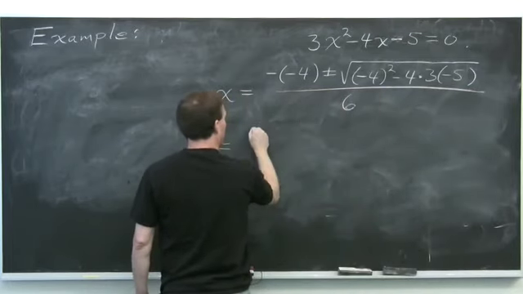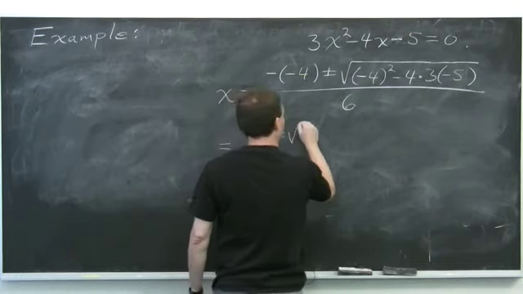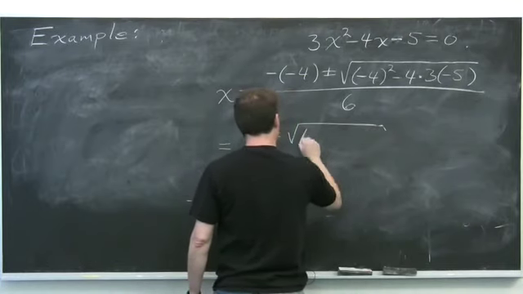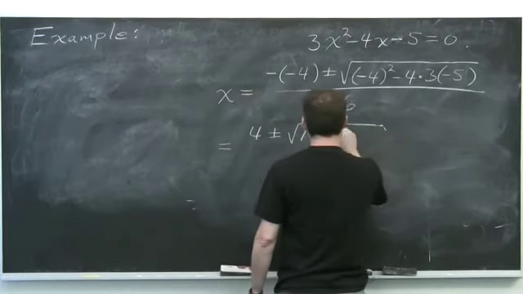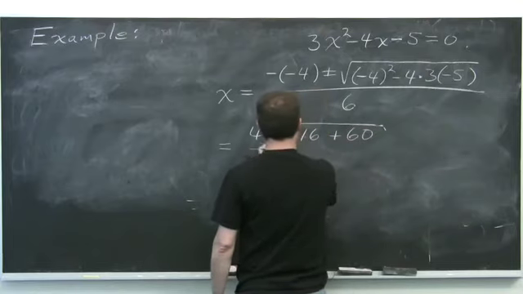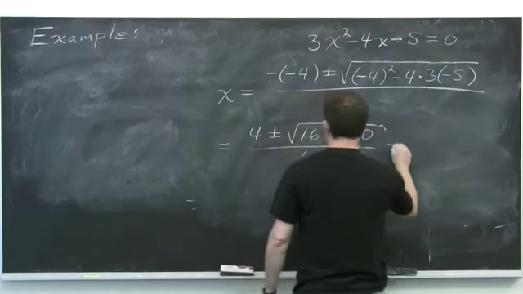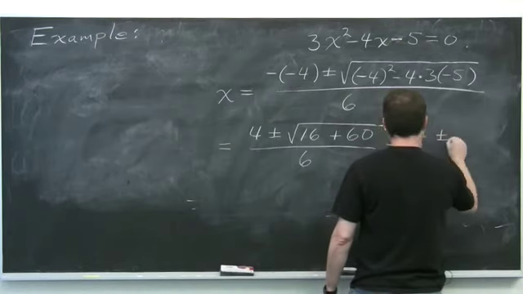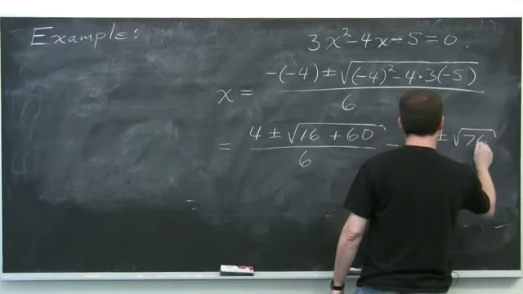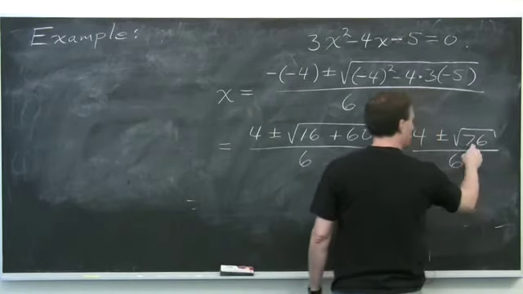So we get 4 plus or minus the square root of 16 plus 60, all over 6. This is 4 plus or minus the square root of 76 over 6.